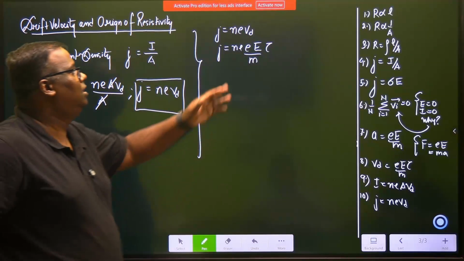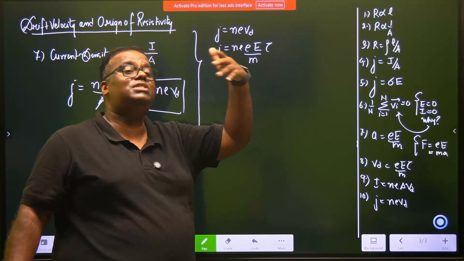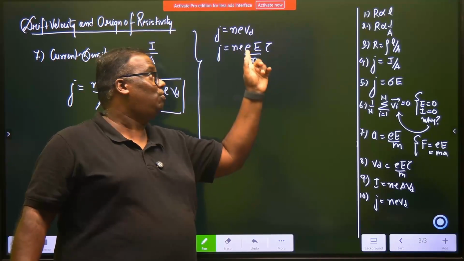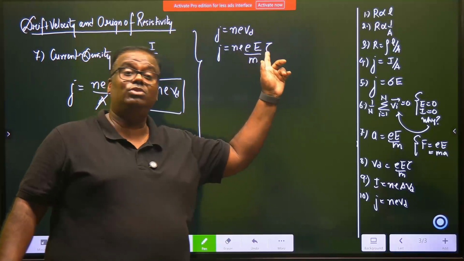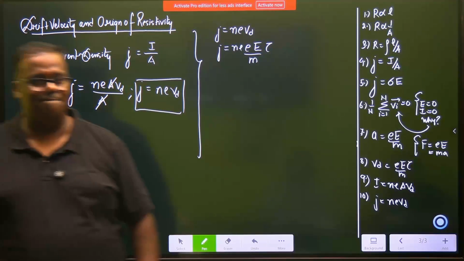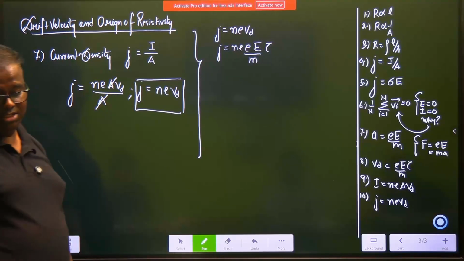How did you get it? Velocity is acceleration times time. What is the acceleration? EE by M, force upon mass is acceleration, multiplied by time. Now this time is relaxation time. Got it?